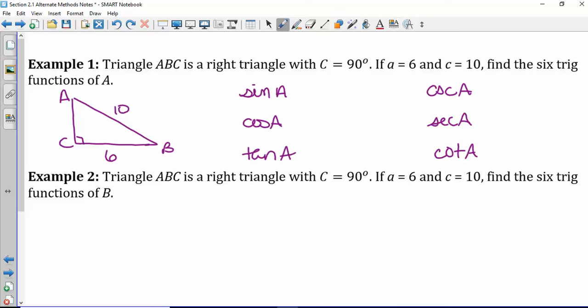Alright, what am I going to have to do here? Right, I don't have all 3 sides, and we need that. So we're going to do a squared plus b squared equals c squared to start us off. So 6 squared plus b squared equals 10 squared. So b squared equals 64.